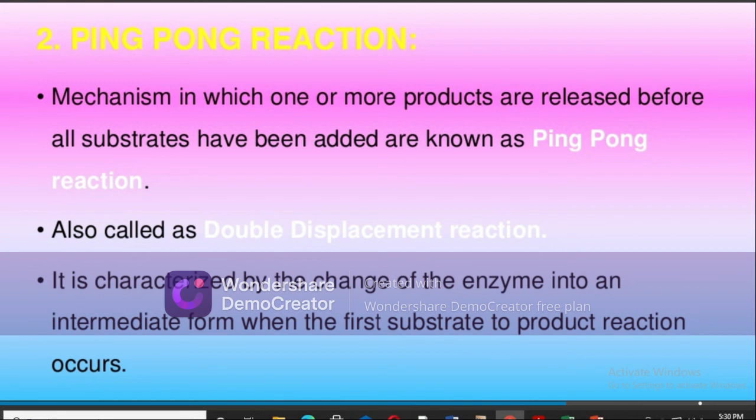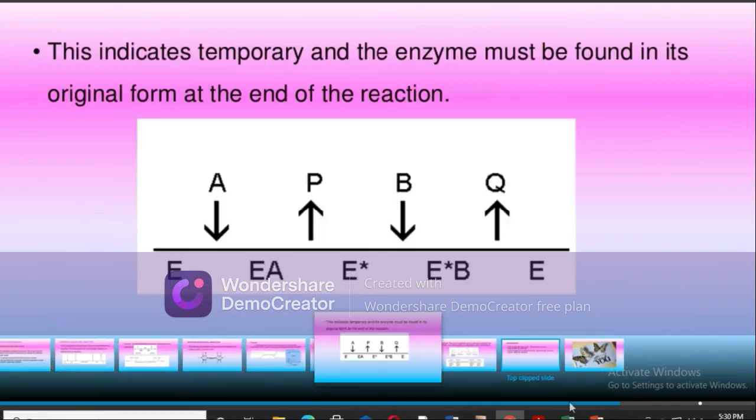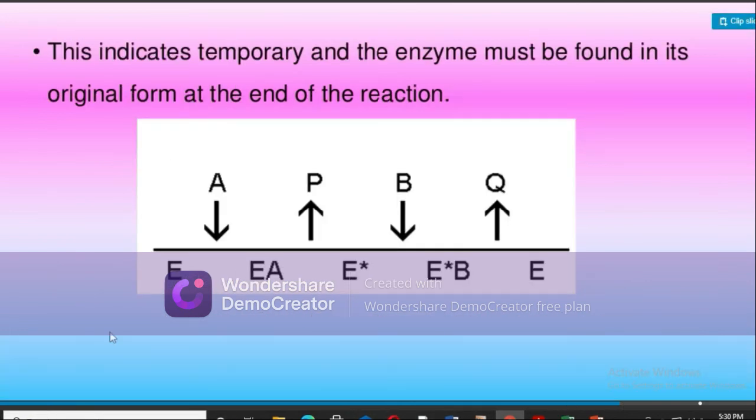That is why it is an intermediate, and why it changes from E to F, or from F to G. Okay, that is ping-pong. This is a typical example. Substrate A binds to your enzyme, giving the enzyme-substrate A complex.